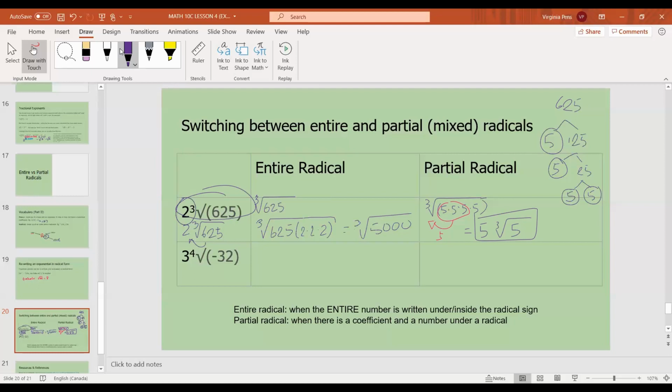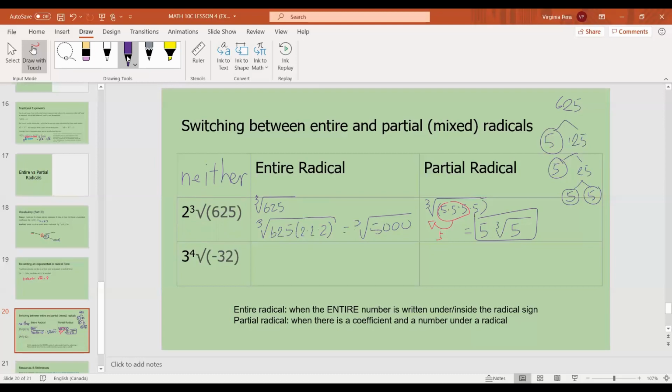Because we have part of it in the coefficient and part of it in the radical. But the key thing is that the stuff under the radical can't be taken out without being a horrible decimal. In here, we could take out parts of the 625, which we just did. But this is neither an entire nor a partial radical.